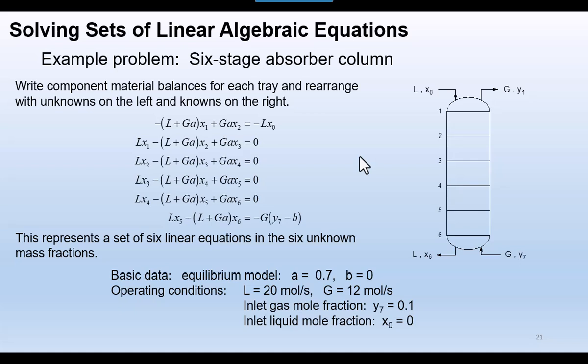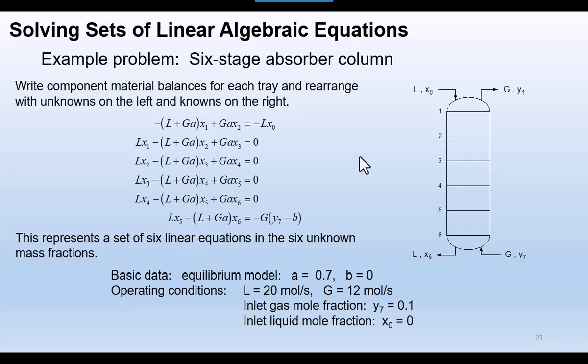Now we can then come up with some basic data. In this case, we've taken it very simply and said that the equilibrium is just A is equal to 0.7 and B is equal to 0. And then we have operating conditions where we provide some flow rates in terms of moles per second and an inlet gas mole fraction and an inlet liquid mole fraction, all right?